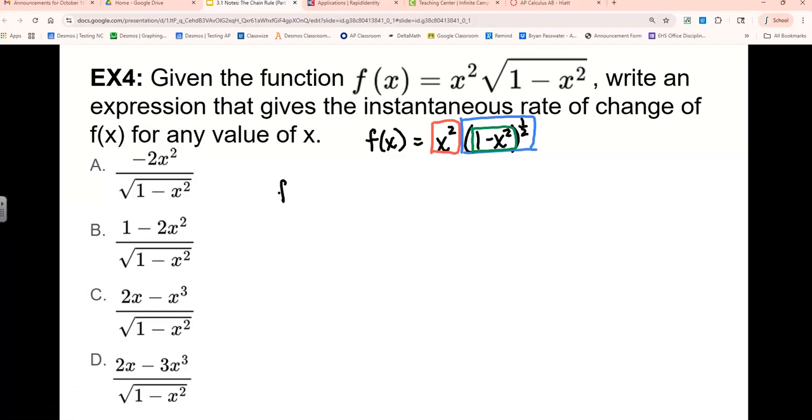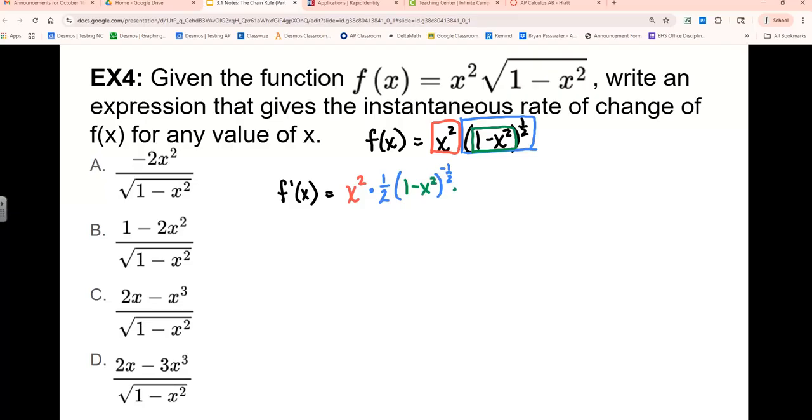So we will do x squared times, we got to do the derivative of this stuff. So we got 1/2 the stuff to the negative 1/2 power. We'll put the stuff in there. We don't mess with it.